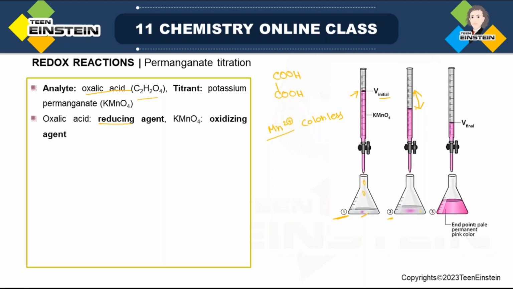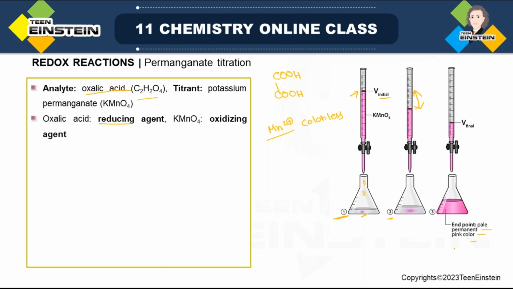Now when you continue this process and reach the final stage, that is when the reaction is over and all the oxalic acid is consumed by KMnO4, then what will happen? At the end point, there will be a pale permanent pink color. Now you can say this is excess KMnO4. So there is no oxalic acid left. Everything is consumed.